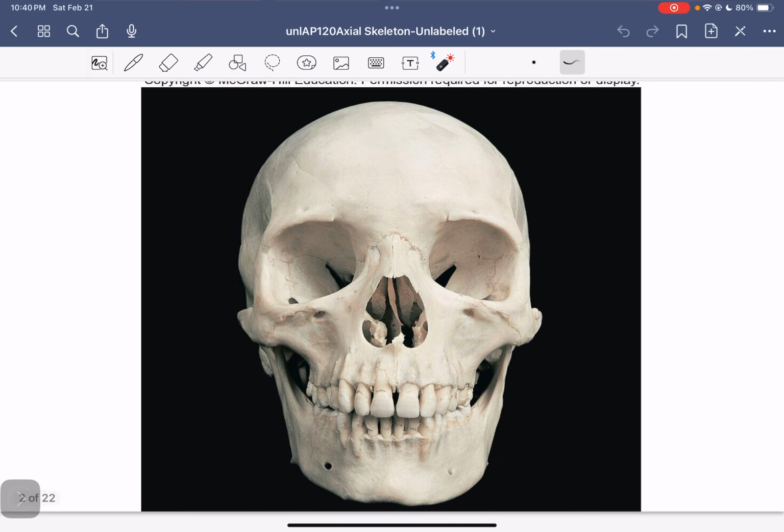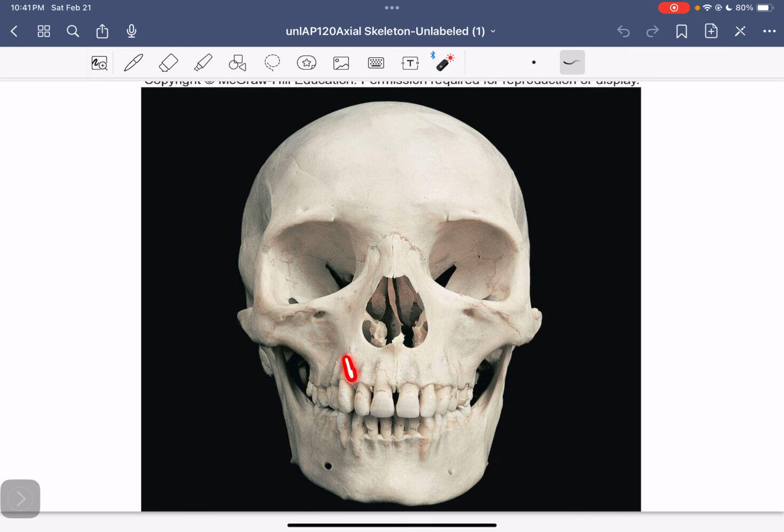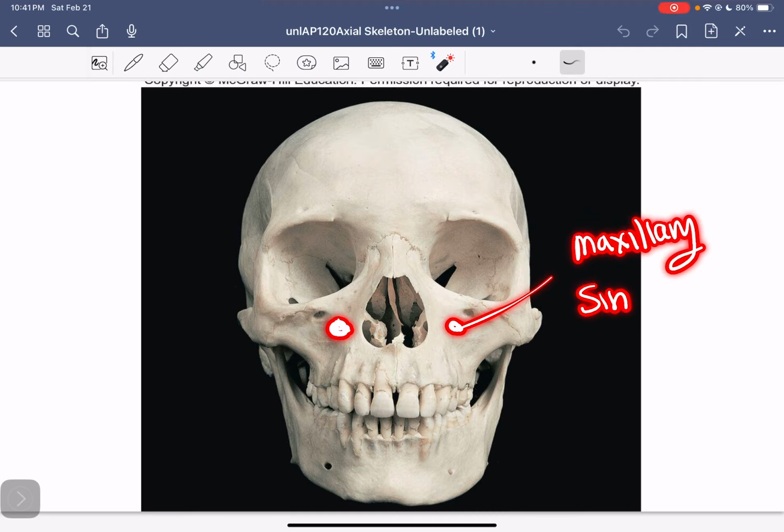Okay, all right, the next one is going to be the maxilla. This entire bone, maxilla. The maxilla also has a space in here, so that would be your maxillary sinus.